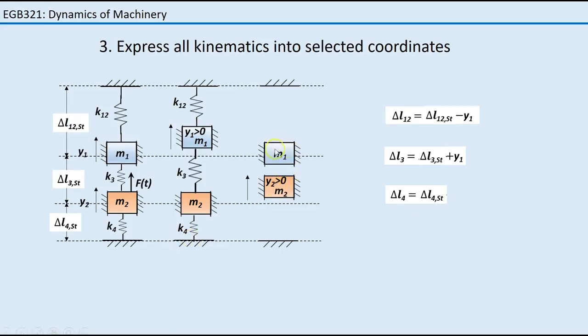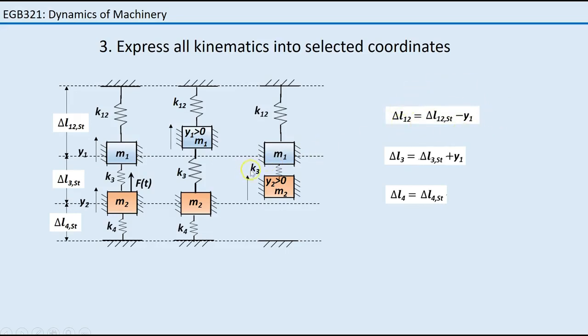Now M1 stays at its original position while M2 moves upward at a displacement y2. Let's see how it affects the springs. Considering the first spring, it will not have any effect from the movement of M2 since M1 is not moving, so we don't write anything in the spring expression.